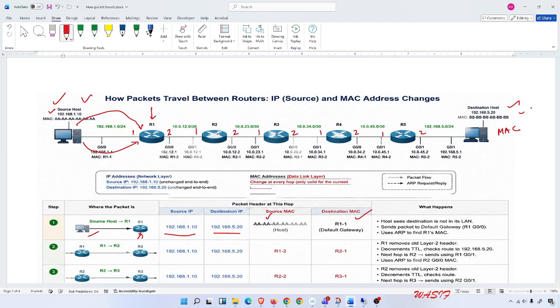Interface 1, interface 2. Now look at here very carefully. When he is sending the packet to him on this interface, at this interface the packet has arrived, this source MAC address and the destination MAC address is R1, 1, because 1 is the interface and R1's interface 1.